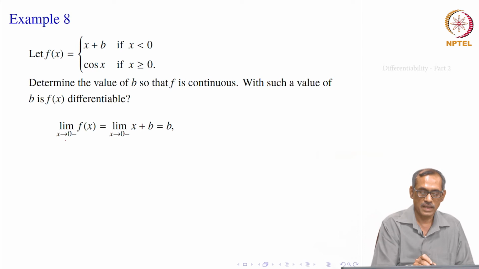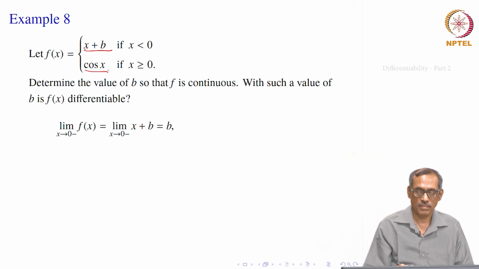So, we will take x goes to 0 minus of f x. At 0 only there is a problem, as we have seen earlier on the intervals. At the end points there can possibly be a break point, a discontinuity. Other points it is continuous. X plus b is a continuous function, cos x is also a continuous function. At the break point only we have to check.